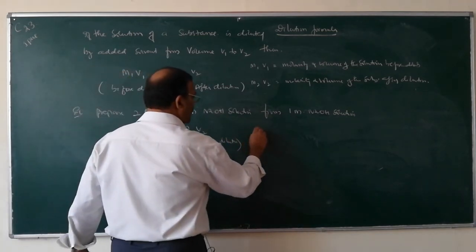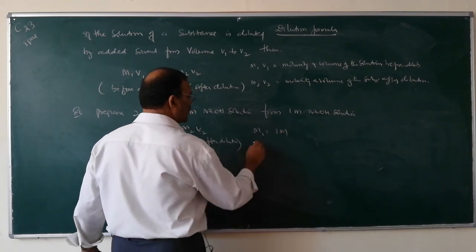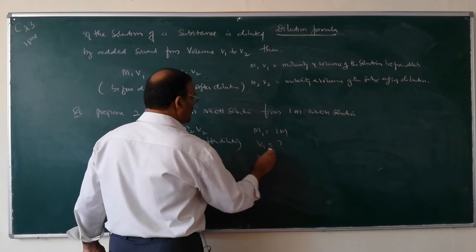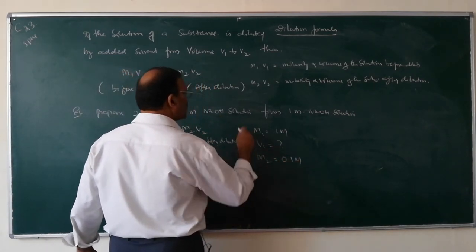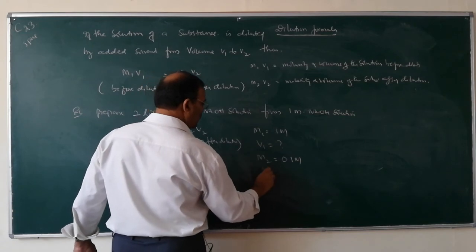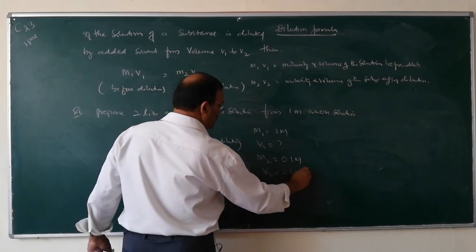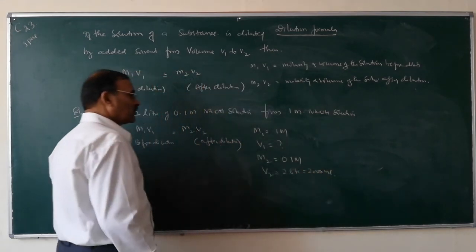What is M1? Molarity before dilution is 1 molar. V1 we have to calculate. M2, the molarity after dilution, is 0.1 molar. Volume after dilution V2 is 2 liters, which equals 2000 ml.